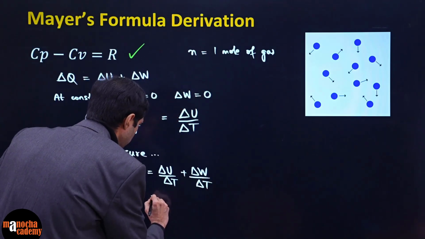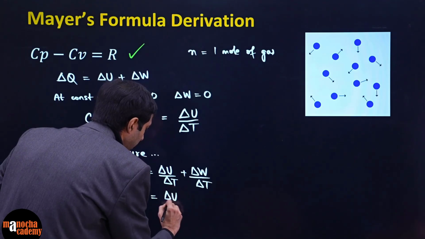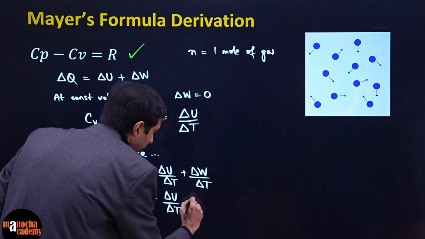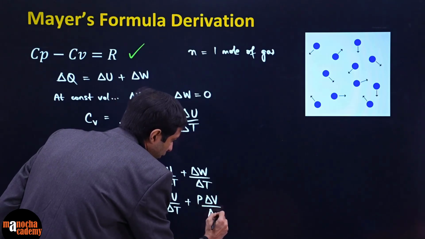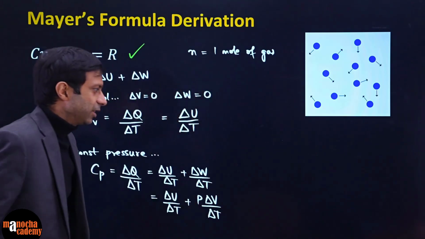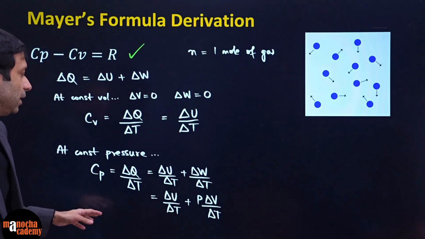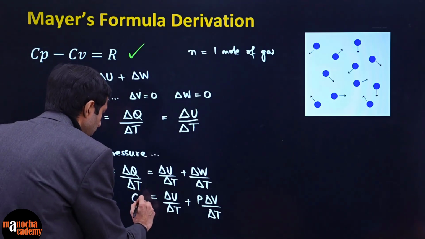This will be delta U by delta T, and the pressure comes out: P delta V by delta T. Everybody see till here you have got this.